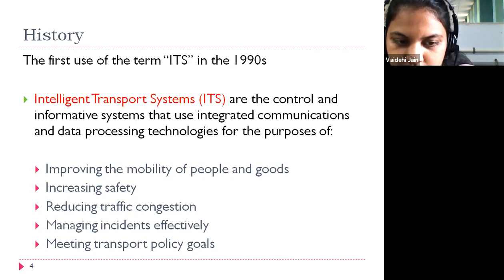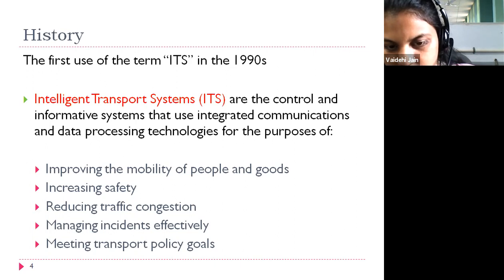Then reducing traffic congestion, a very big problem in our country. We are all facing traffic congestion in our day-to-day life, so we need some kind of reduction in that also. Then managing incidents effectively.